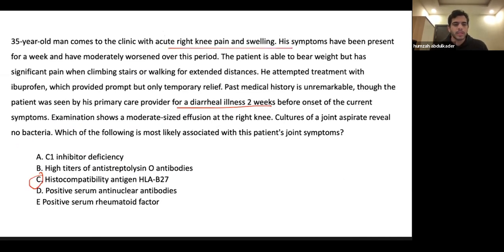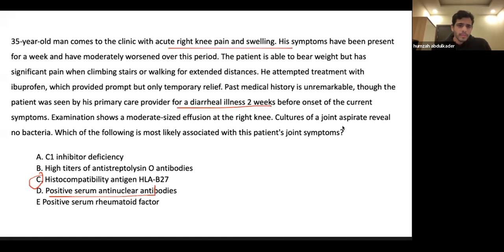Right knee pain and swelling. None of the other answer choices here would make sense. C1 inhibitor deficiency happens in children. It's autoimmune disease. You have this is strep, right? This would not be strep. Just ANA, positive serum ANA, that doesn't mean anything on its own, right?